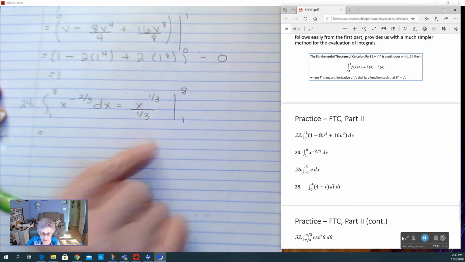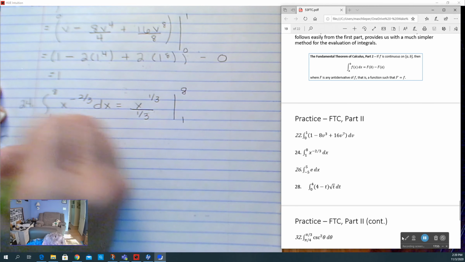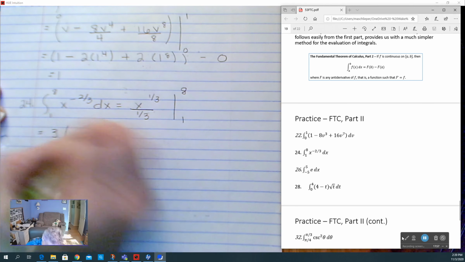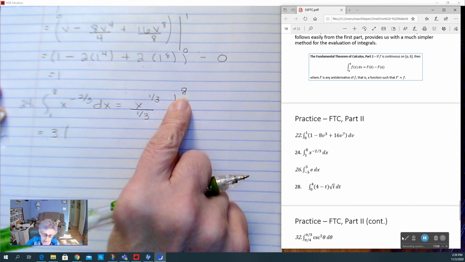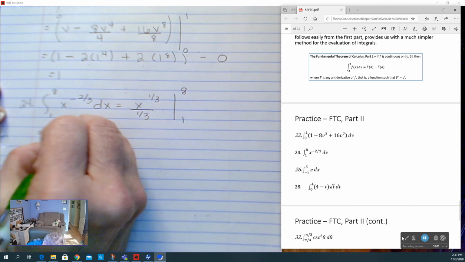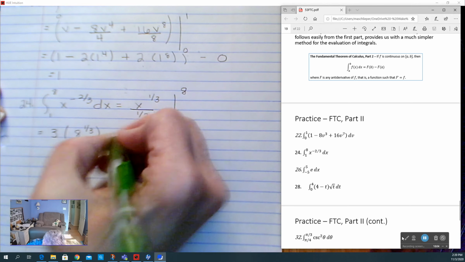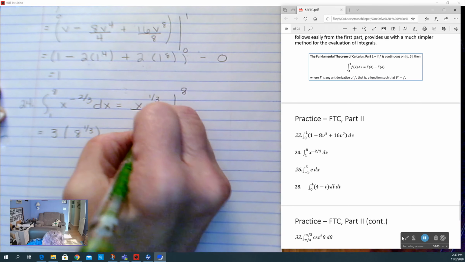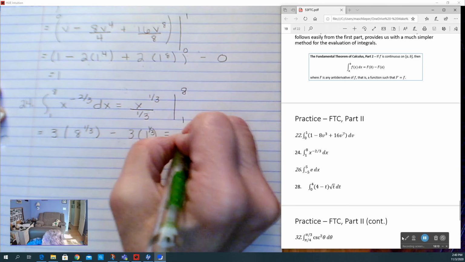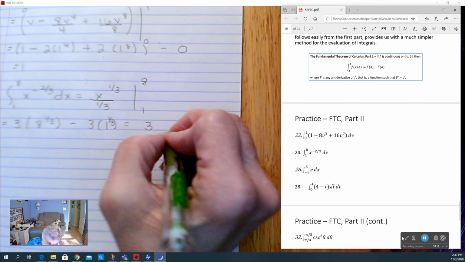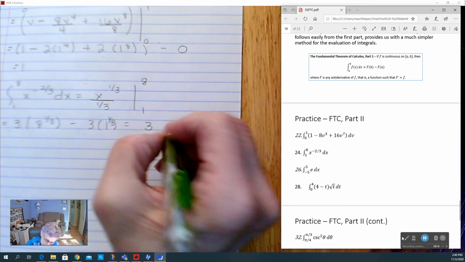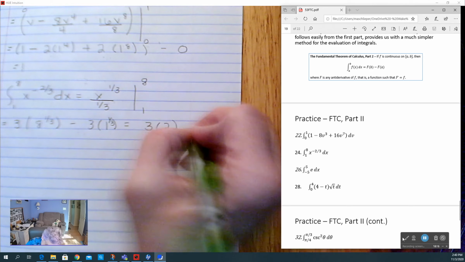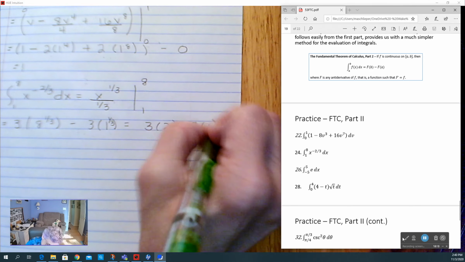Well, 1/3 sitting on the bottom is the same thing as a 3 sitting on top. I'll plug in 8. I get 3 times 8 to the 1/3 minus 3 times 1 to the 1/3, which is 3 times 2, since the cube root of 8 is 2, minus 3 times 1.